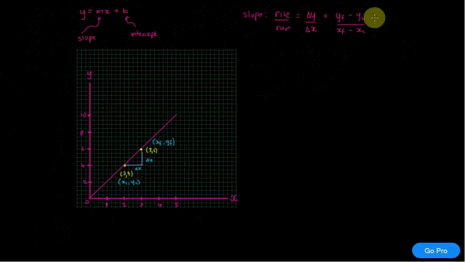All I have to do now is plug in the values for these specific coordinates. What is my change in y? What's my change in x? My final y position is this number 6, minus what my initial y position was, which is the number 4, and divide that by my final x position, which is 3.